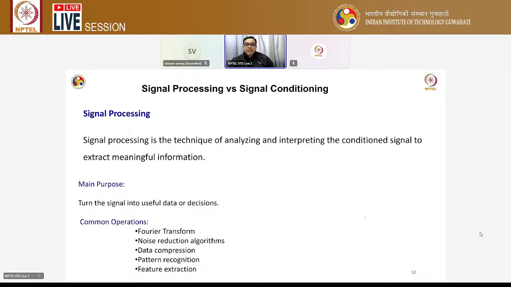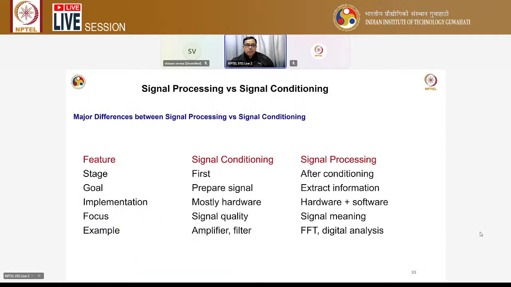Then signal processing is the technique of analyzing and interpreting the conditioned signal to extract meaningful information, that we have just seen. The main purpose of signal processing is to turn the signal into useful data or take decisions. The common operations include Fourier transform, noise reduction algorithms, data compression, pattern recognition, feature extraction, and so on.